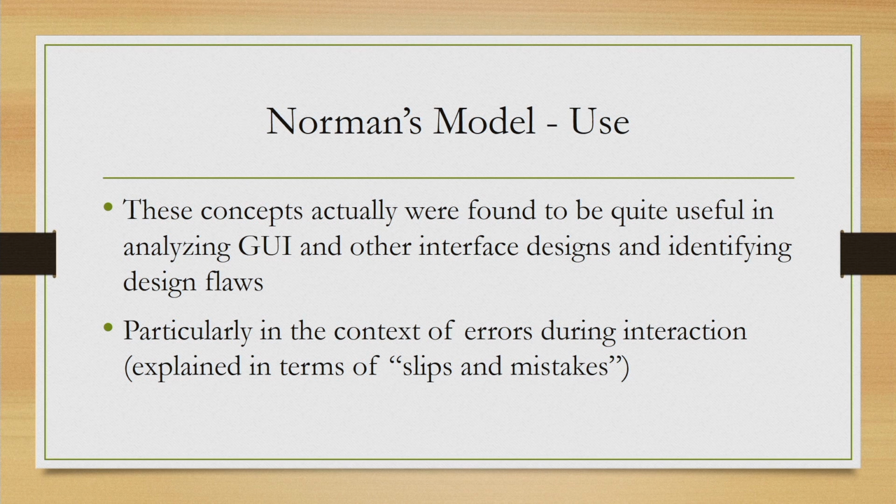We will not go into the details of this concept, but just for the sake of completeness, we would like to mention that 2 types of errors were defined based on these 2 gulfs of execution and evaluation, and depending on the type of errors that are likely to occur for a given design, the design can be modified.